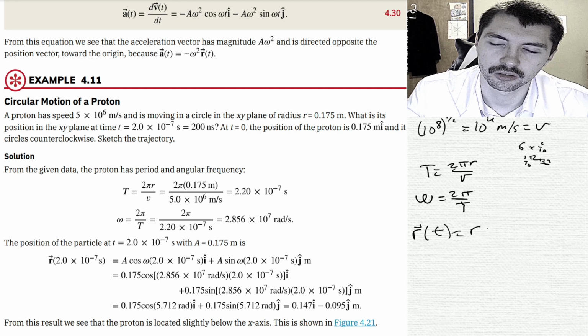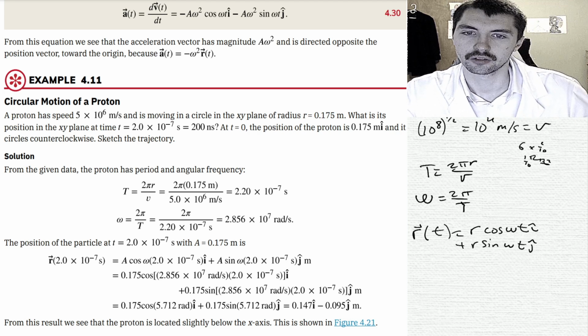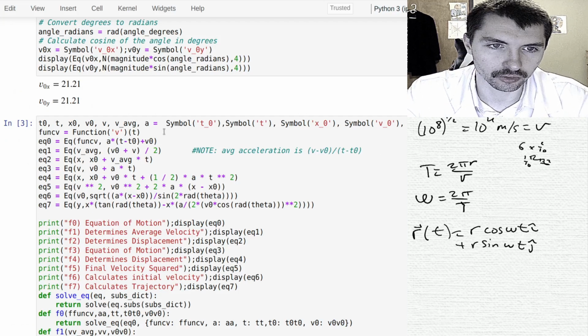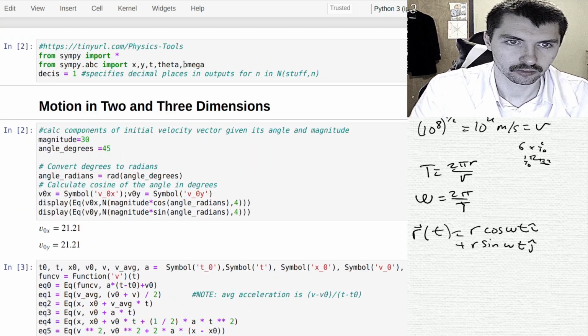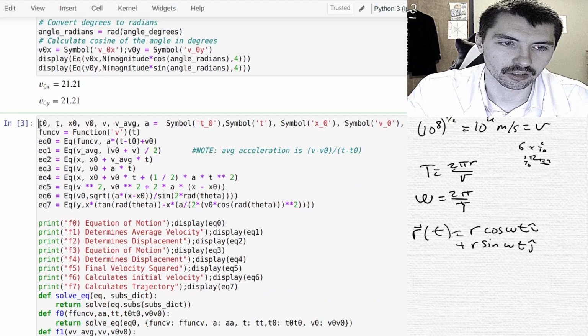So R cosine omega T, R sine omega T J. Okay. So we want to introduce a new symbol, omega. Okay, so and T, big T.